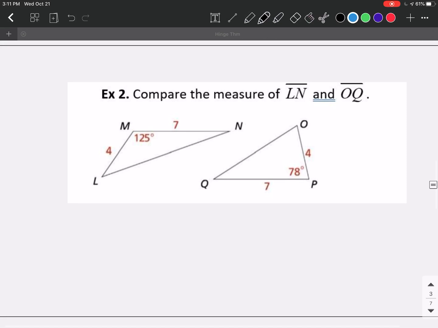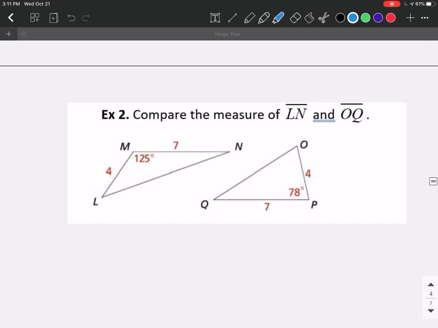So again, if we look, I have 125 and I have 78, and it's asking for the measures of LN and OQ. Well, once again, if I'm comparing LN, my angle is 125.